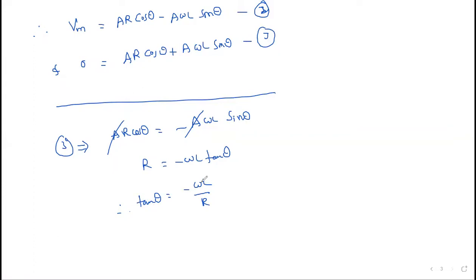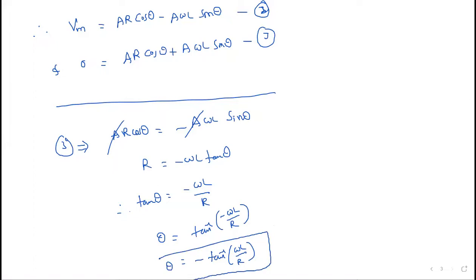Tan theta is equal to minus omega L by R. From this, theta is equal to tan inverse of minus omega L by R. Tan inverse of minus will become minus tan inverse of omega L by R. Therefore, theta is equal to minus tan inverse of omega L by R. Okay.